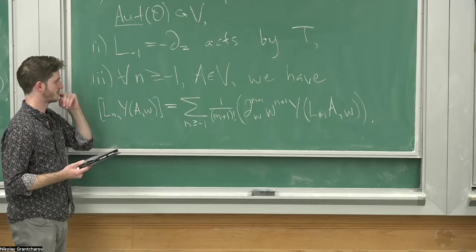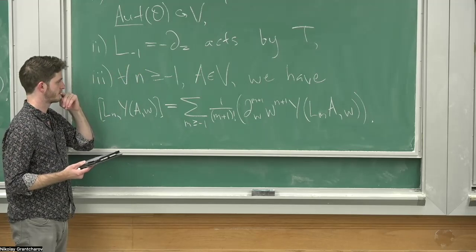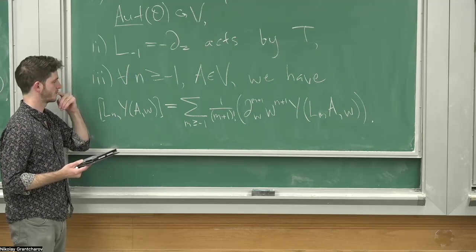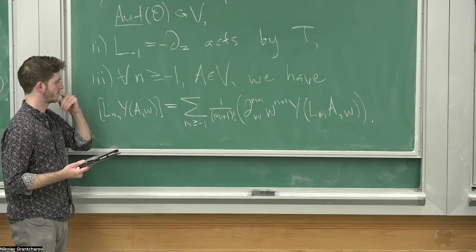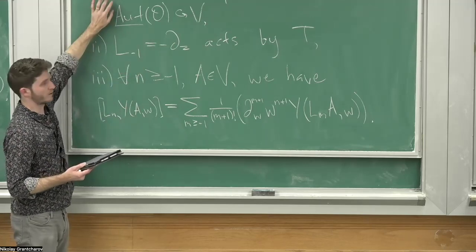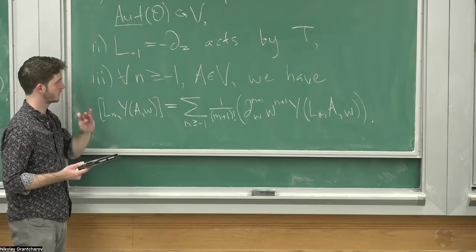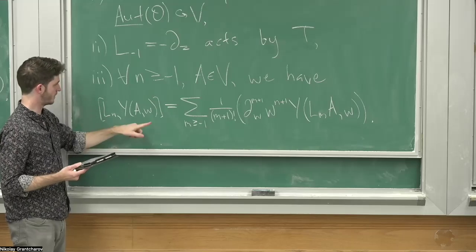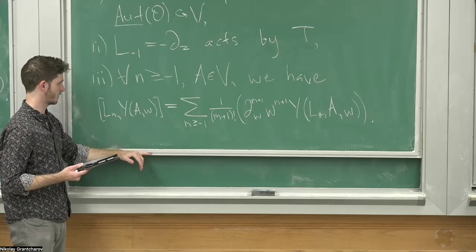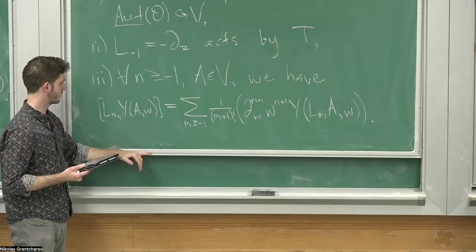So you're acting like this: the derivative with respect to z of the field corresponding to A. Don't you verify also that L0 acts as a grading operator? Well, that's kind of part of 1. Sure. But again, does 3 for n equals -1 specialize to 2, or at least imply it? It should, right?